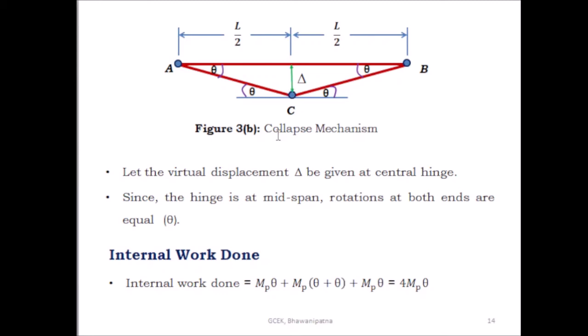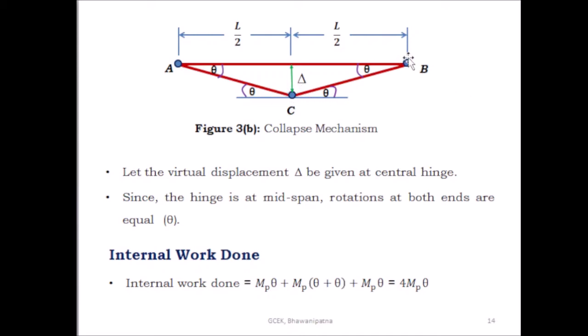So what is the internal work done by this rotation and the plastic moment? At the support A, the plastic moment is MP and the rotation is theta, so the internal work done is MP into theta. At the central hinge, the plastic moment is MP and the rotation is 2 theta, so MP into 2 theta.